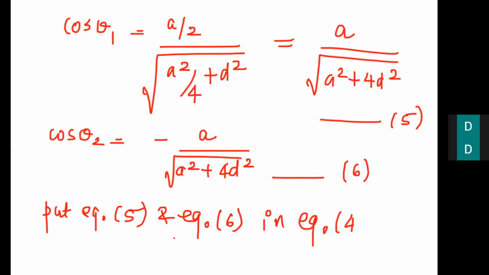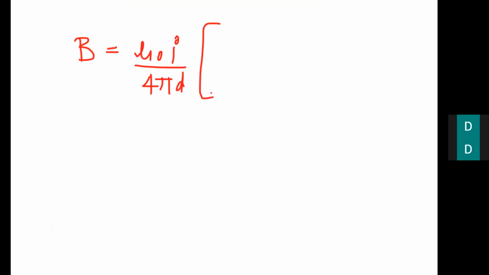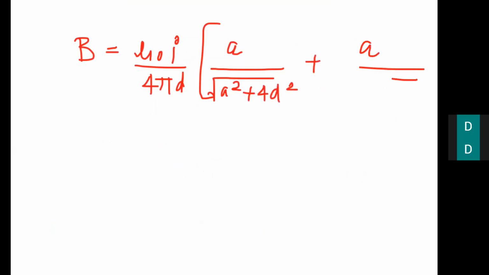That will give us B is equal to mu 0 I upon 4 pi D into A upon under root A square plus 4D square plus A upon under root A square plus 4D square.